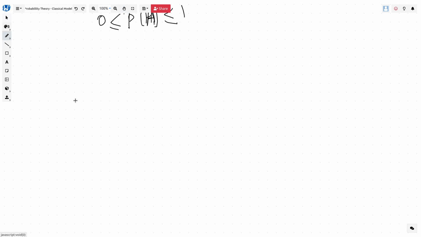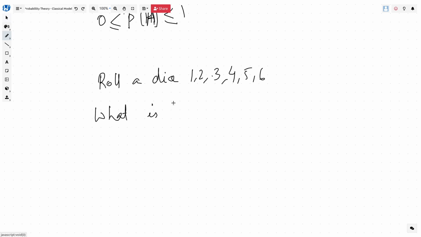If you roll a dice with 6 numbers, 1, 2, 3, 4, 5, 6, what is the probability that an even number appears?